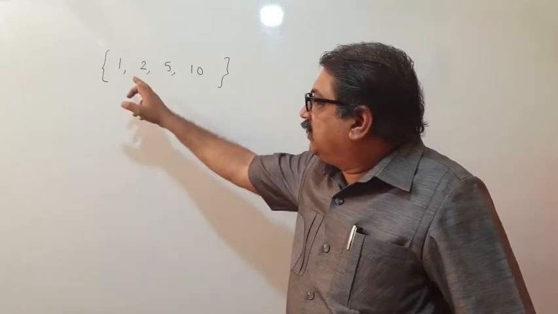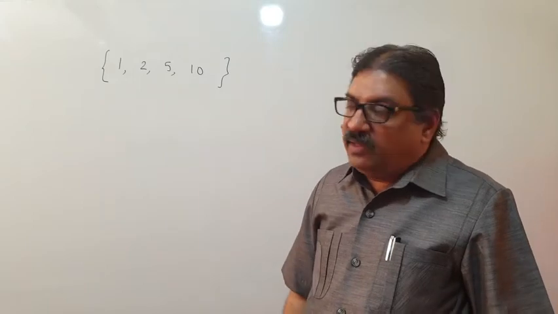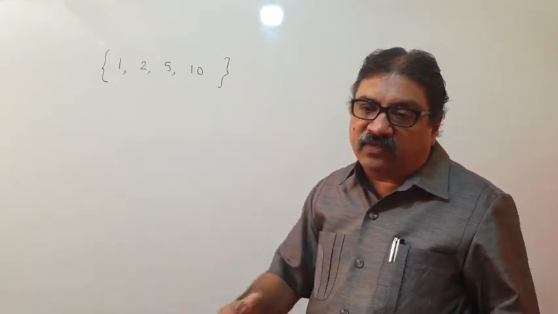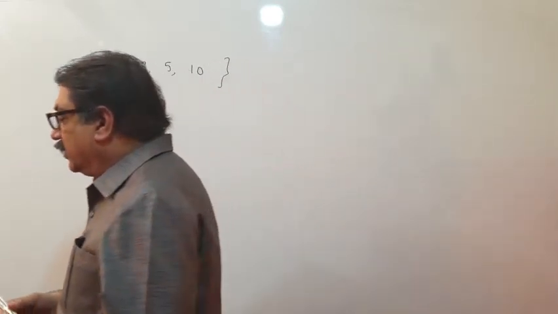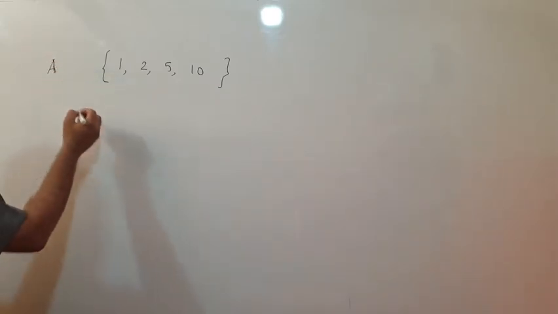And these 1, 2, 5 and 10 will be called elements of this set. This way we represent a set in list form, where we are listing all the elements, all the objects of the collection. And sets are usually denoted by capital letters of the English alphabet.